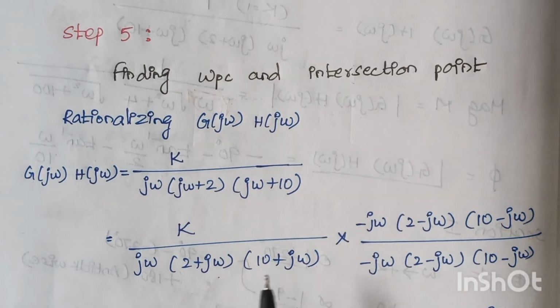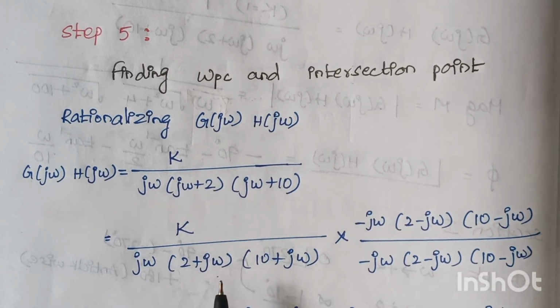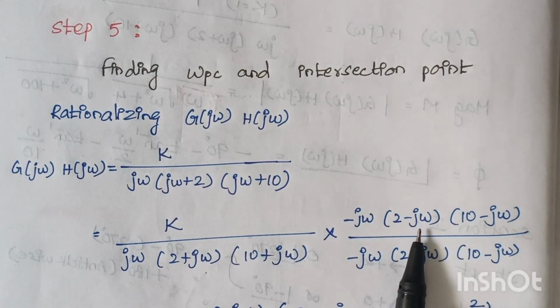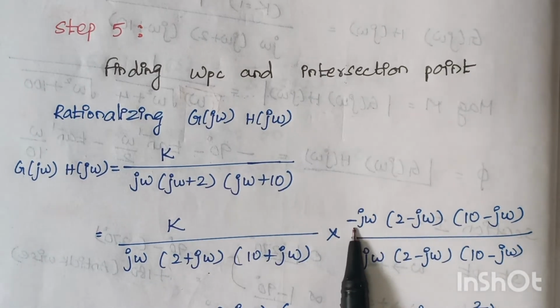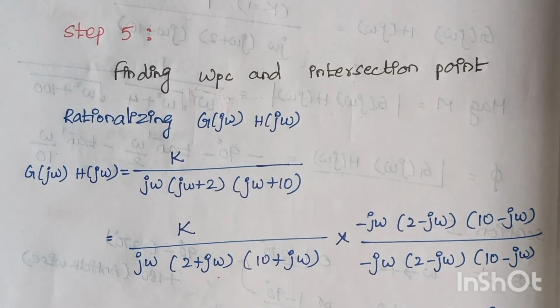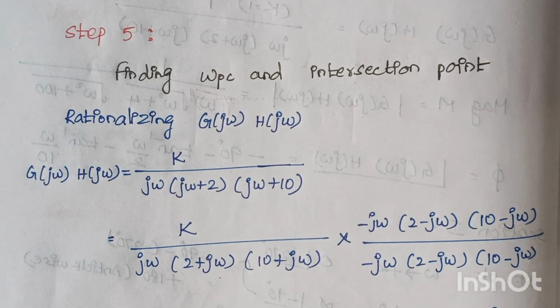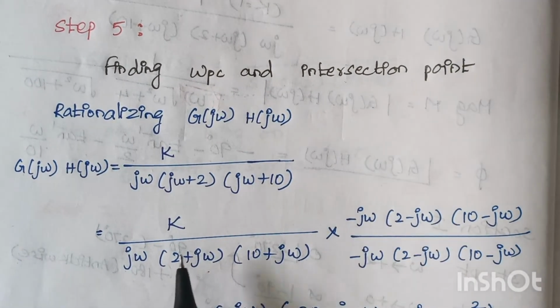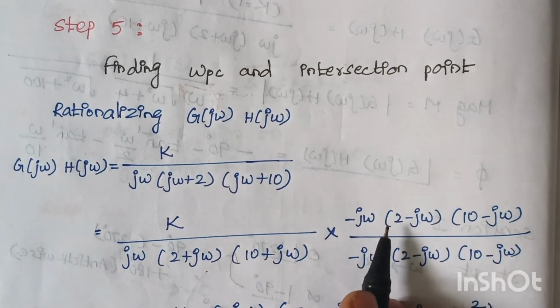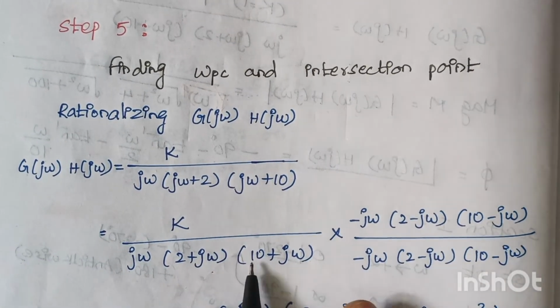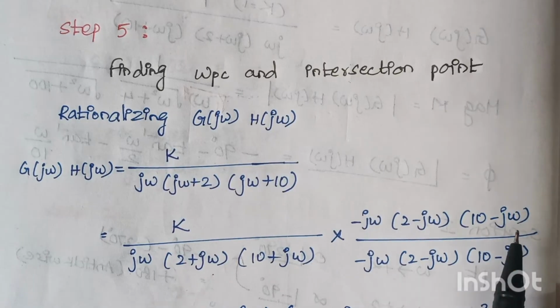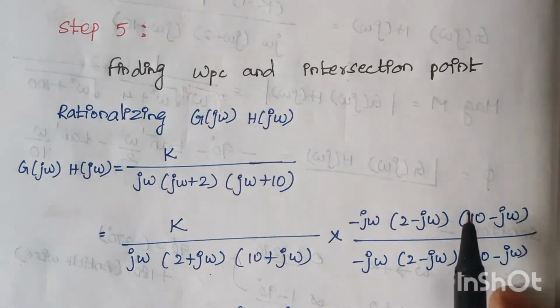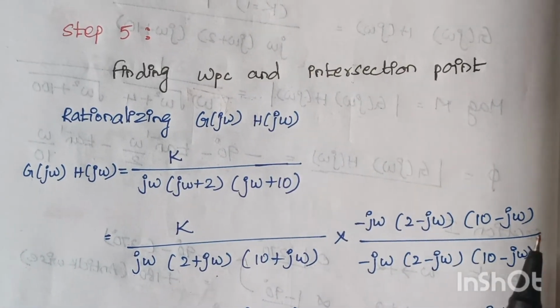I am multiplying and dividing this term with, we can even call it the complex conjugate, but complex conjugate means it should have both real and imaginary terms, but here we are changing the sign for omega also. So it is not exactly a complex conjugate, right? Here this plus j omega, here minus j omega. 2 plus j omega, here 2 minus j omega. Similarly 10 plus j omega and here 10 minus j omega. So we are multiplying and dividing, right?